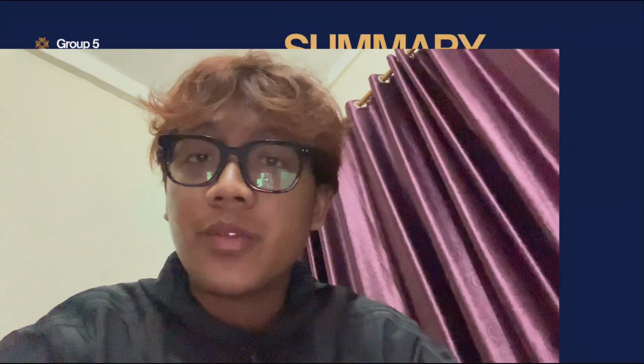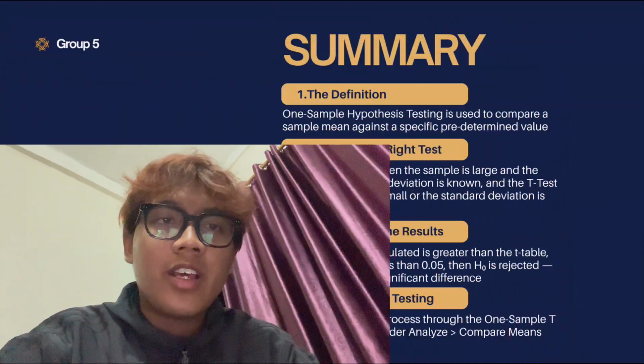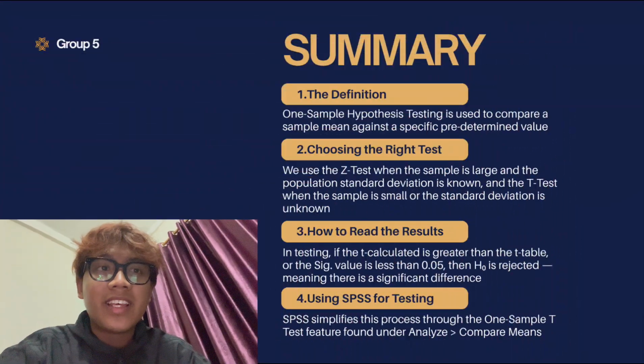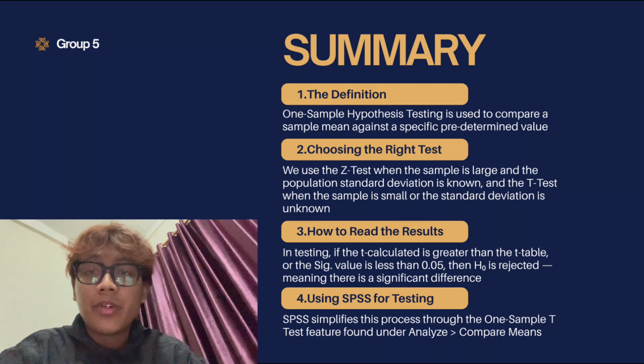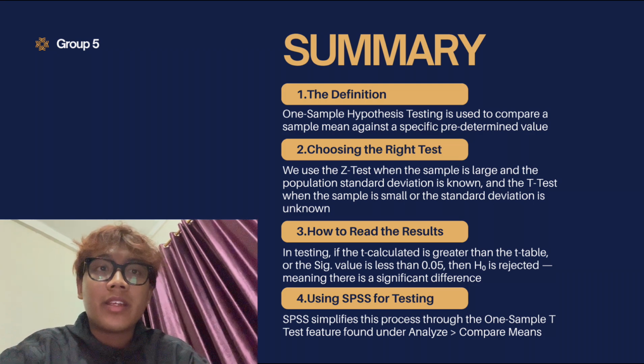Alright, we have reached the end of the video. Let's summarize what we have learned today. Number 1. One sample hypothesis testing is used to compare a sample mean against a specific predetermined value. Number 2.